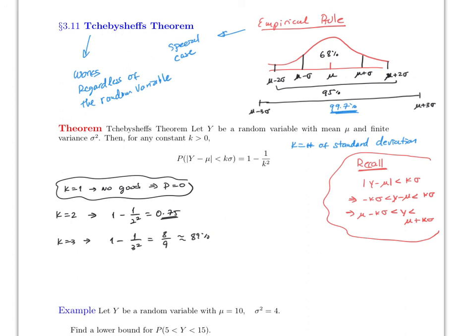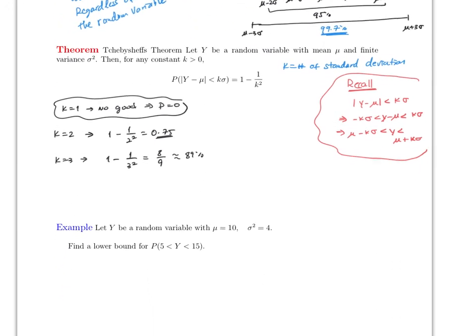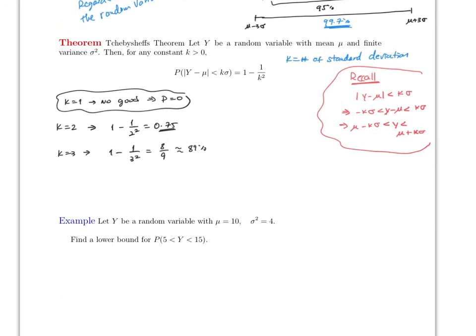So in essence, you can just plug in any value for k, and you'll get a proportion or probability. The only one that doesn't give you a meaningful thing is 1. You plug in 1, you will get 0, which, remember, means an impossible event, and that may not be the case here.